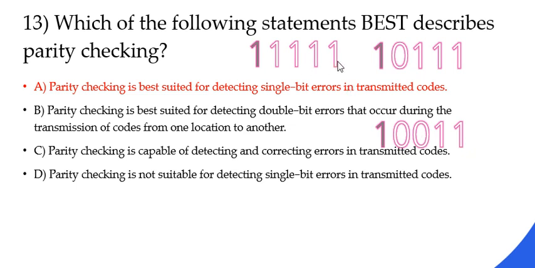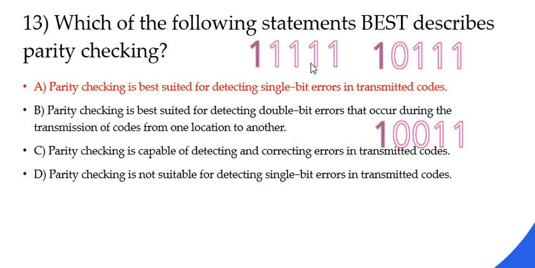When you take a look at it, let's say I have a data group 1111 and I want to check if my transmitted data correctly gets to the receiver. Then I'm going to add 1 to my data group. When you count the ones, you see 1, 2, 3, 4. That's your original, which is even, and when I add my parity, I have odd ones.